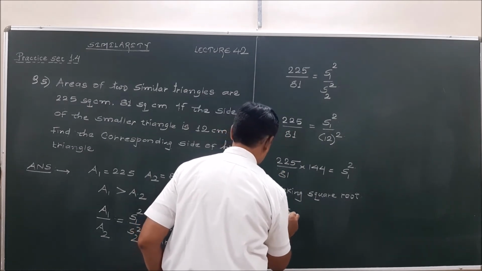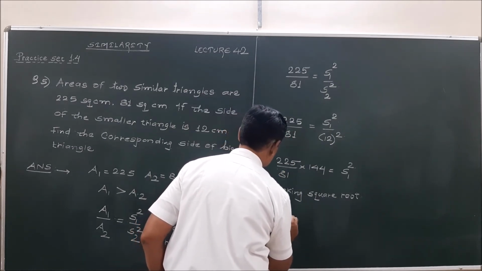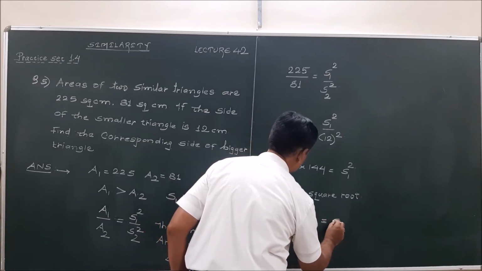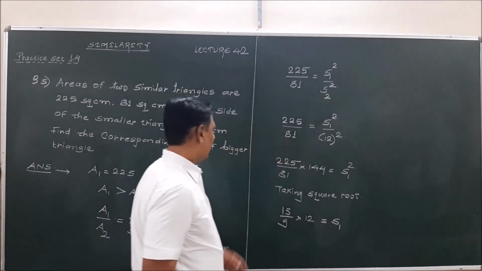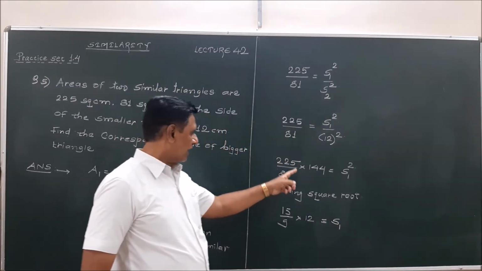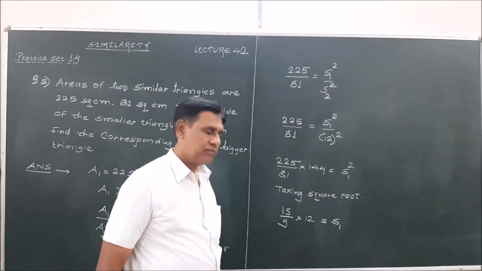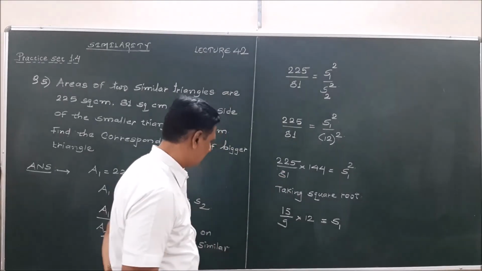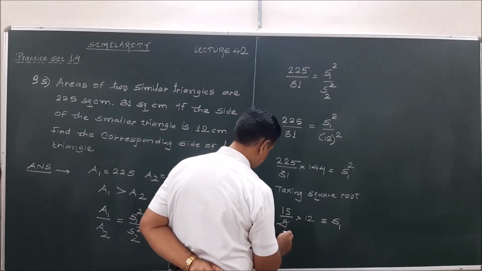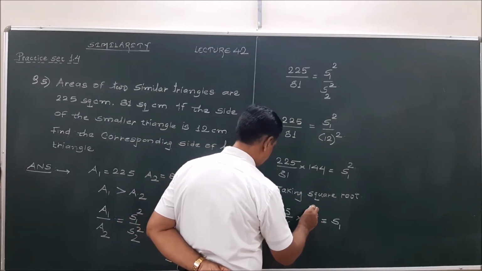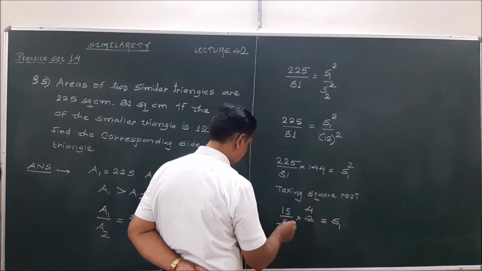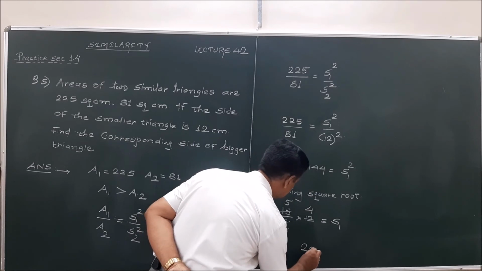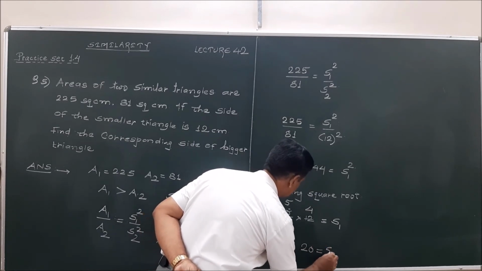15 upon 9 into 12, that is equal to S1. 15 upon 9 into 12 is equal to S1. 3 3s are 9. 3 4s are 12, 3 5s are 15. 5 4s are 20 is equal to S1.